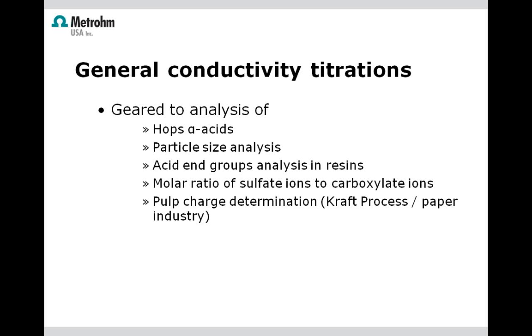And some particular analyses that we have done more work on, for example, are the alpha acids in hops for making beer, particle size analysis, acid end groups analysis in polymer resins, molar ratio of sulfate ions to carboxylate ions, and pulp charge determination in the kraft process of the paper industry.